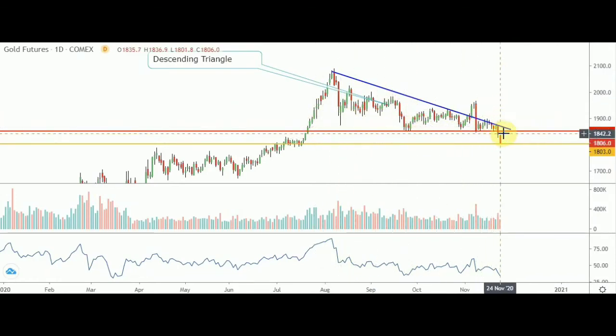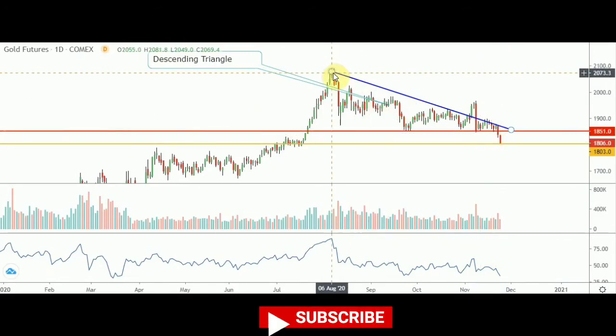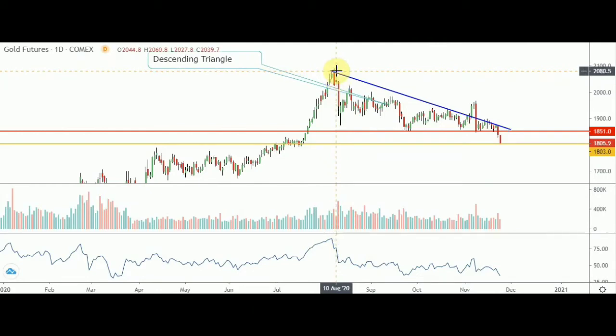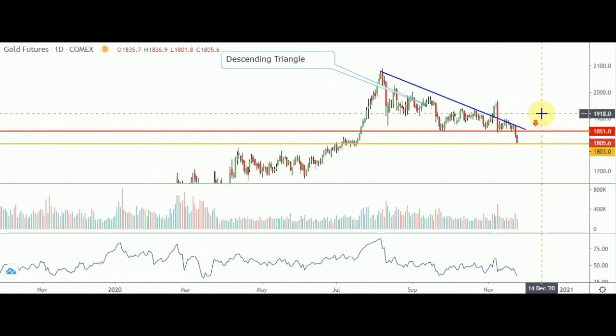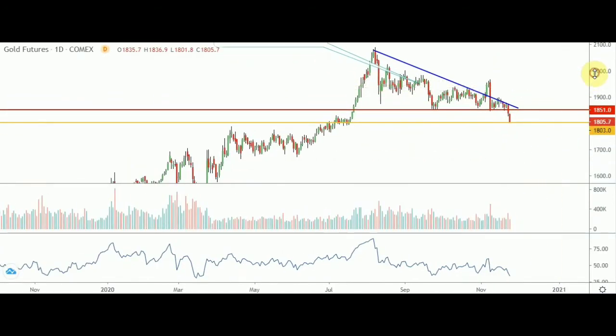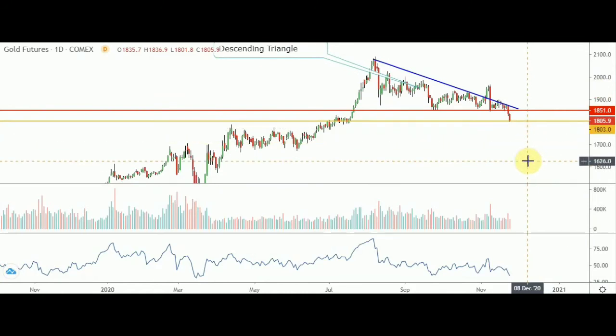It is around 1850, this red colored line. This difference, you can see, is approximately 2080 here, and this one is 1850. If you calculate the difference of this height, that exactly becomes the target when it gives a breakdown. Now here comes a beautiful question: whether it should fulfill that target.